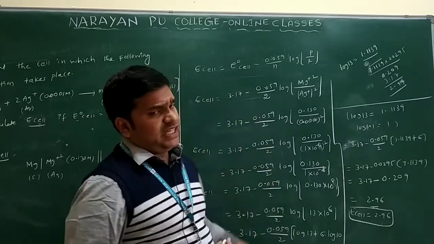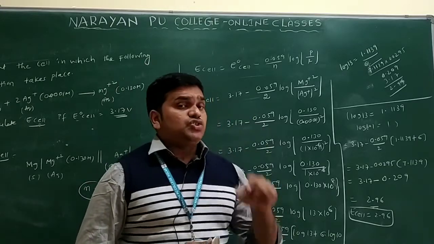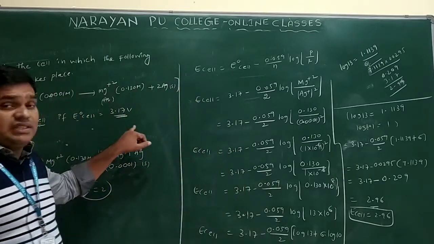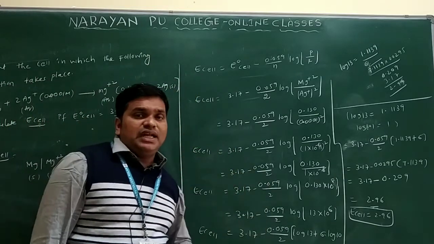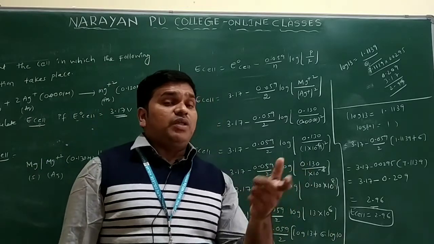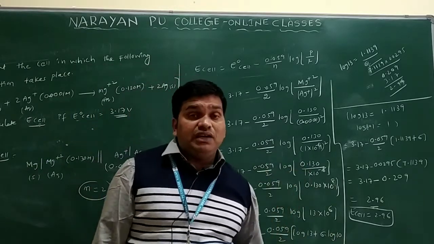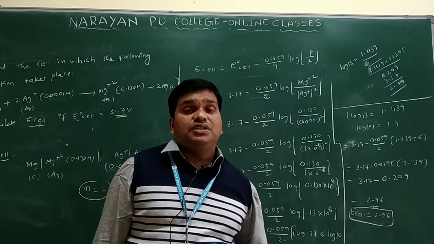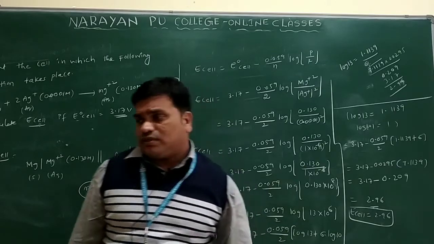They will give the cell reaction and ask to find the E cell of the reaction only. Sometimes they do not give E naught cell directly. In this case they give E naught cell directly only. In some cases they do not, and you have to find out E naught cell from the given values only. So this is the way of calculation of E cell from the Nernst equation if they give the cell reaction like this.